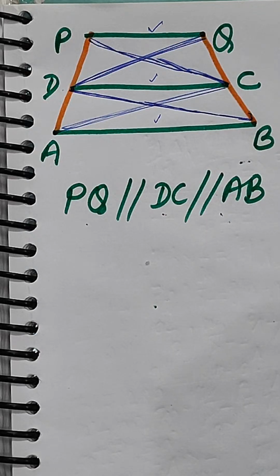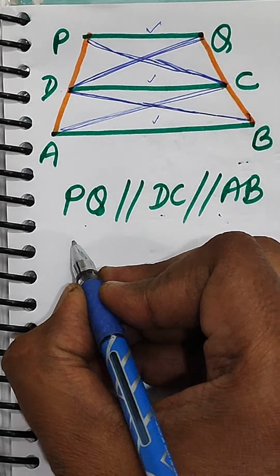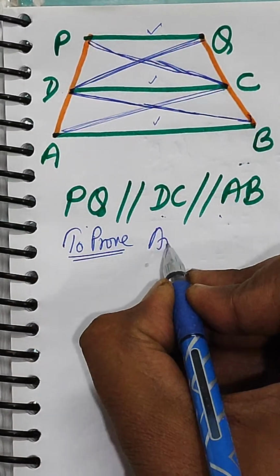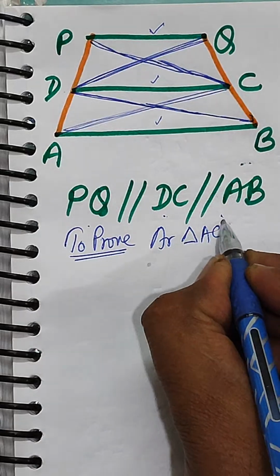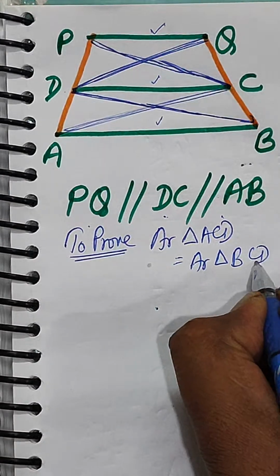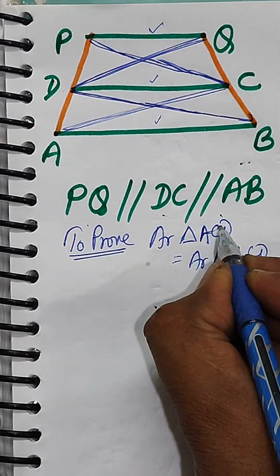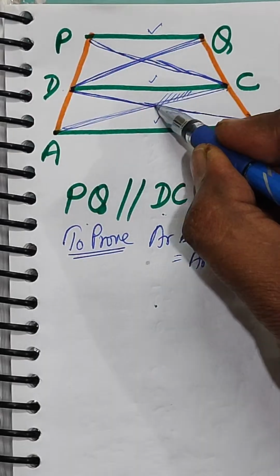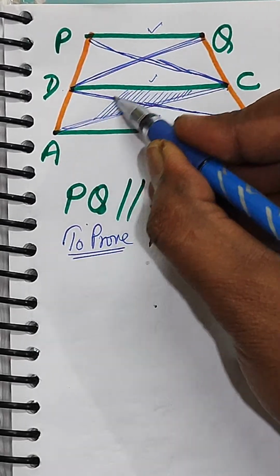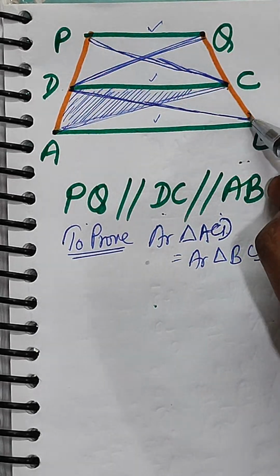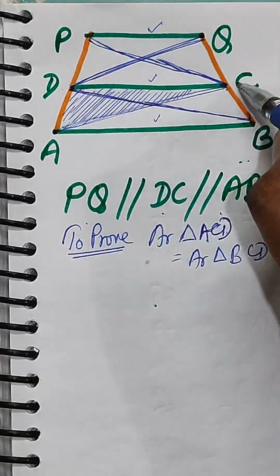Now, we need to prove that the area of triangle ACD and BCD are equal. To prove: area of triangle ACD is equal to area of triangle BCD. What is ACD? ACD is this triangle, this one. And BCD is the triangle BDC, this one.